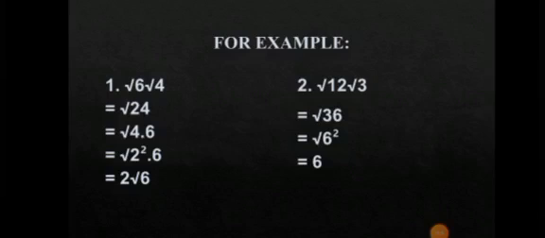Since 36 is a perfect square, we can rewrite it as square root of 6 squared. Then cancel the power of 2 and the square root. So the final answer is 6.